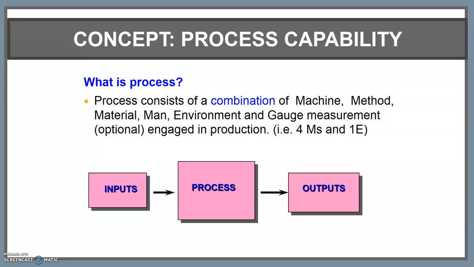All these element sources will create variations in your process. So a process is where you put something in, the input, the raw material, and a product comes out. So the process variables will influence the final product quality.